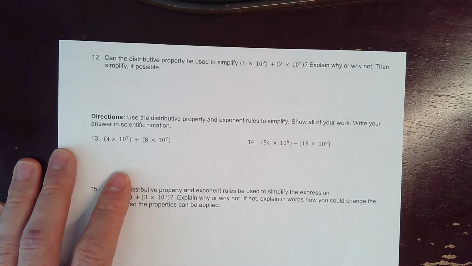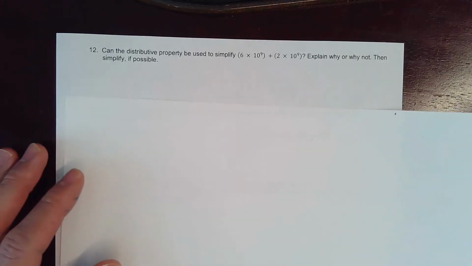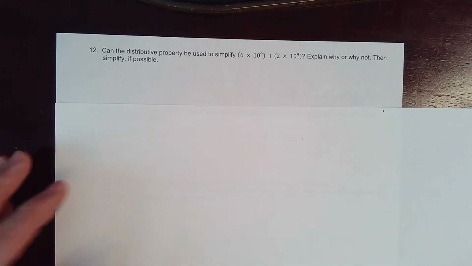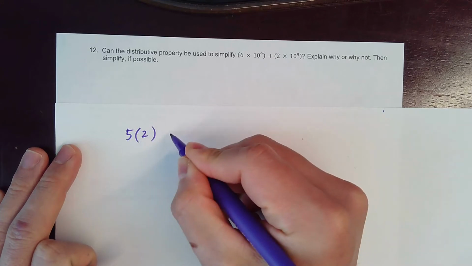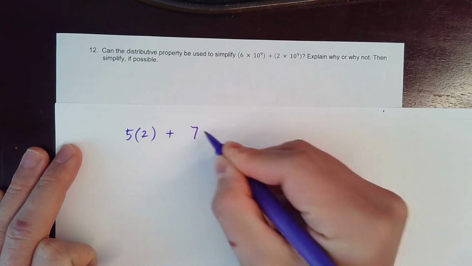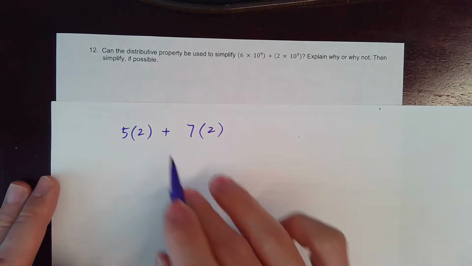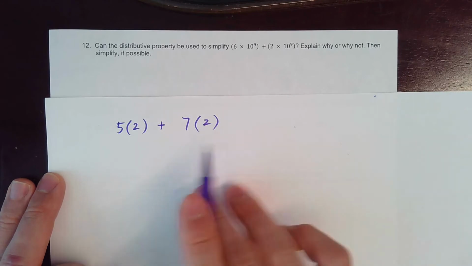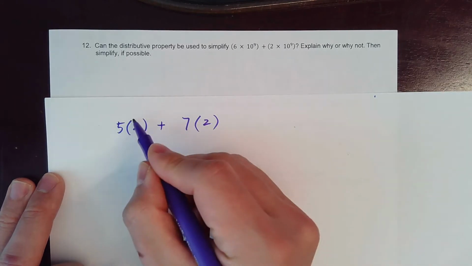Okay, so the first thing I want us to be reminded of, I'm actually going to give you an example before we even try something like this, right? So let's say I had 5 times 2 plus 7 times 2, right? And you can see that this is kind of like distributing. I'm multiplying the 2 to both the 5 and the 7, right?